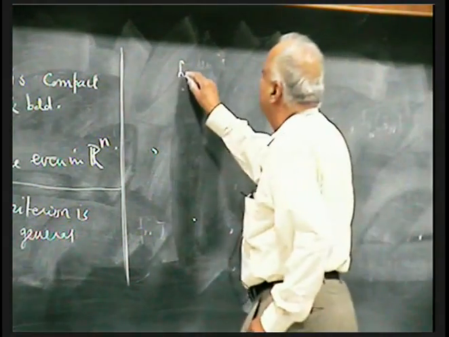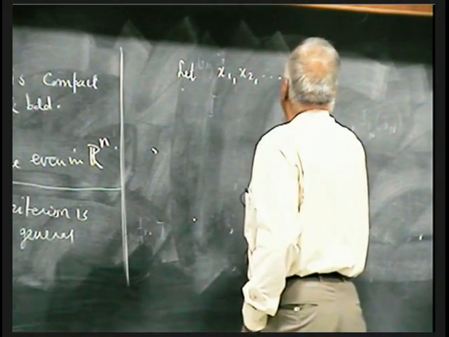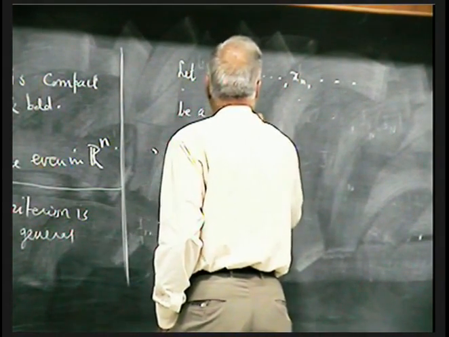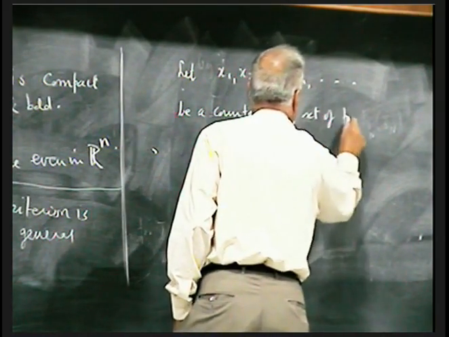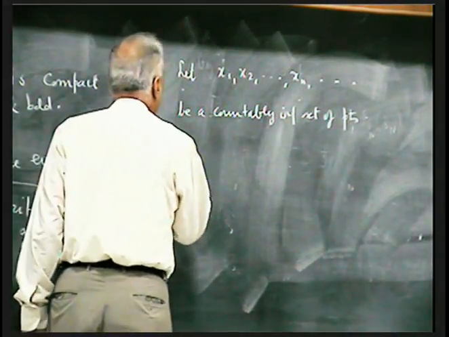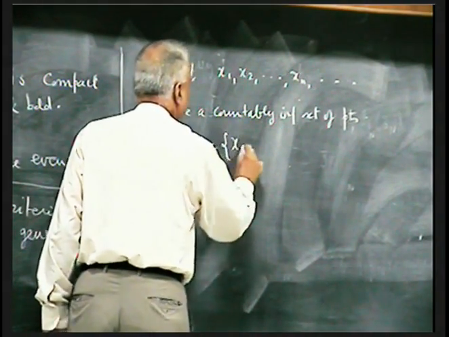So let x1, x2, etc., xn be a countably infinite set of points. Let X be the collection of all these points.